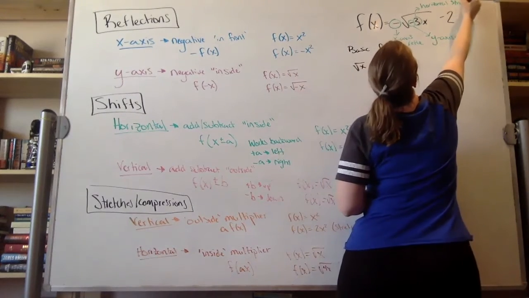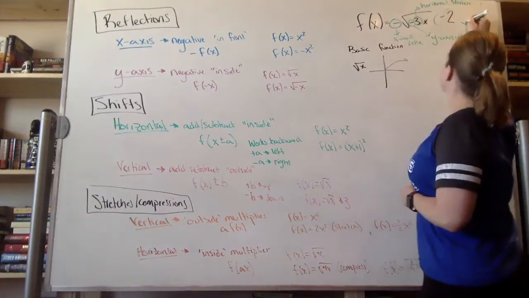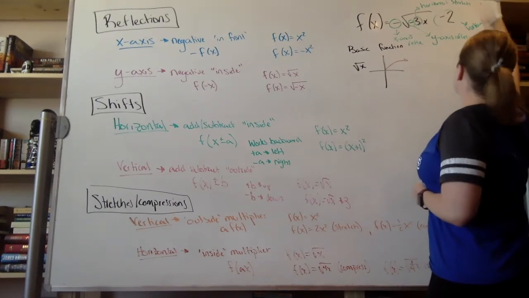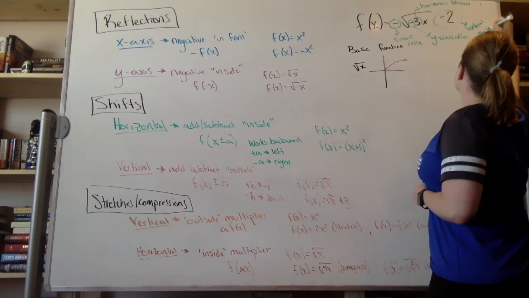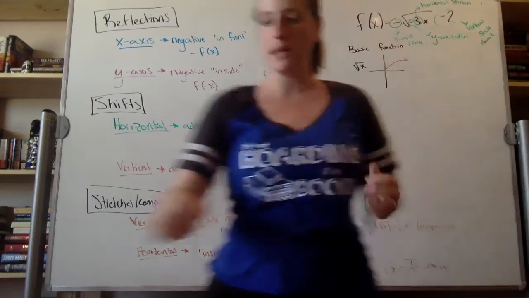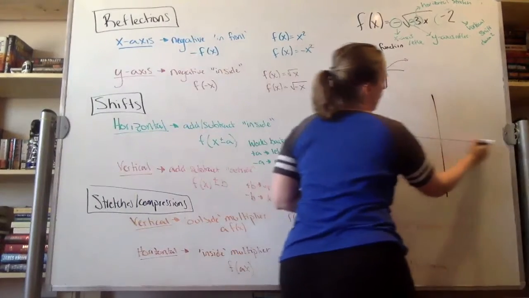Remember, my math lab just refers to these as horizontal stretches. A minus 2 outside is a vertical shift down 2.